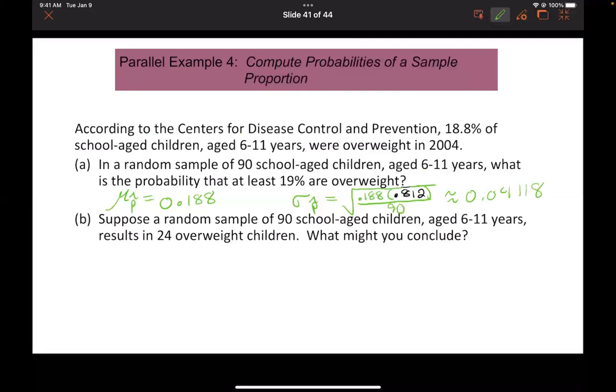Where'd you get the 0.812? Told you, every time I do that, somebody's like, where did that come from? It's the simple math we can't do. Oh, it's the one minus. Okay, yeah. How do you know how to do that? Do you have to do that on every single problem, or just on certain ones?